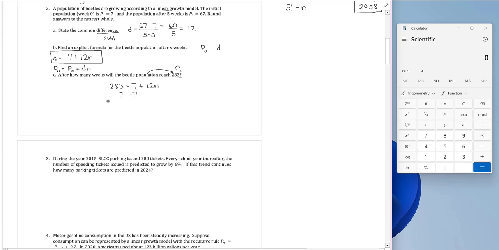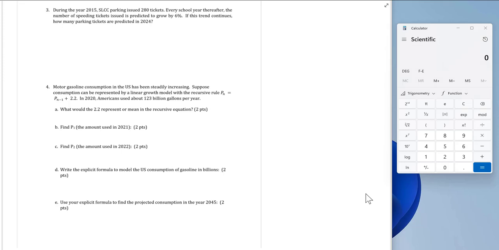Subtract my 7 to get 276 equals 12n. Now I'm going to go over to my calculator, take 276 divided by 12 to give me n equals 23. So after 23, and I want to make sure that I write my unit, it's 23 weeks later that we have a population of 283.